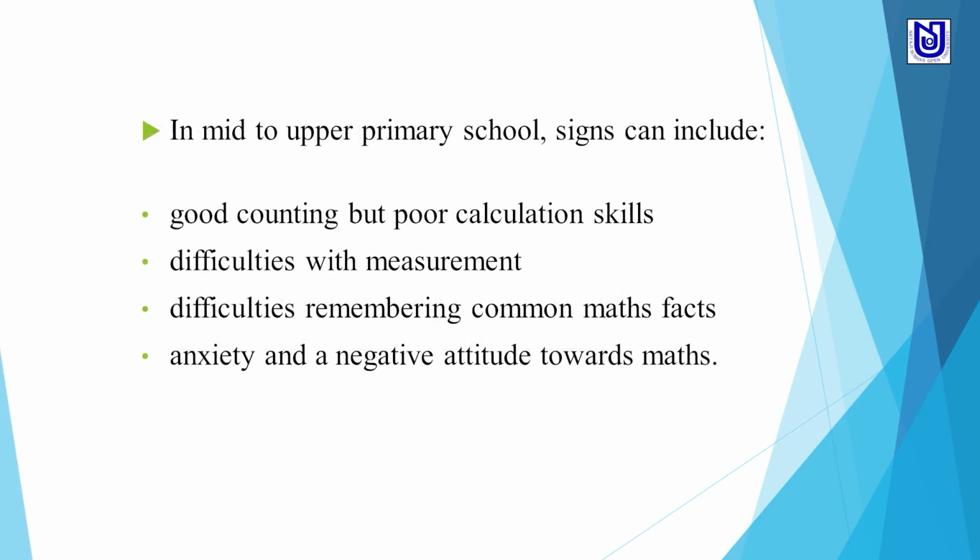In the upper or mid-primary school, signs may include good counting but poor calculation skills, difficulties with measurements, difficulties remembering common math facts, anxiety and a negative attitude towards maths.